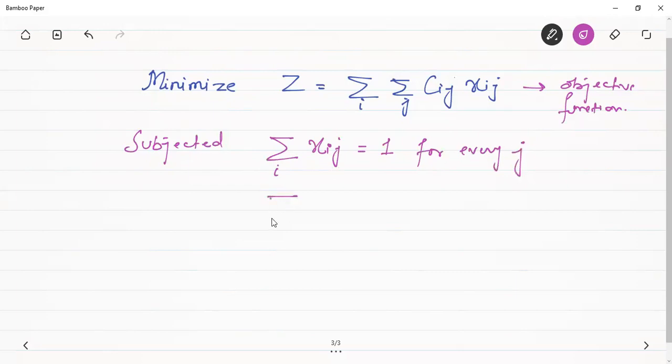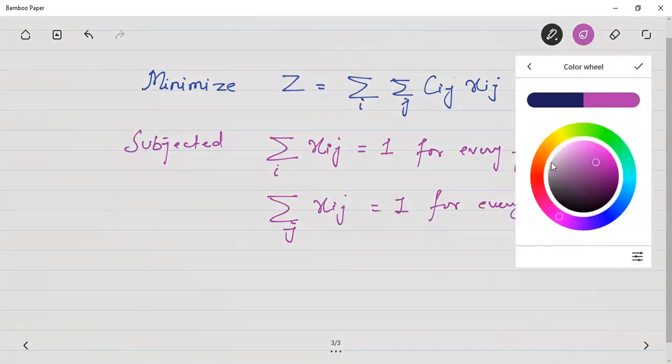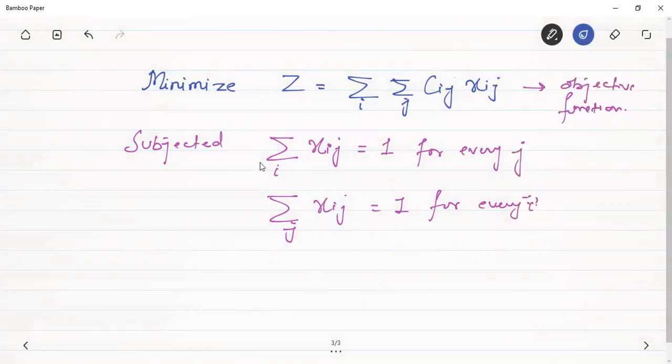And I will write the second constraint as well: summation of j Xij should also be equal to 1 for every i. So what does it mean? Let me write the first constraint. The first constraint can be expanded. I will expand the first constraint.